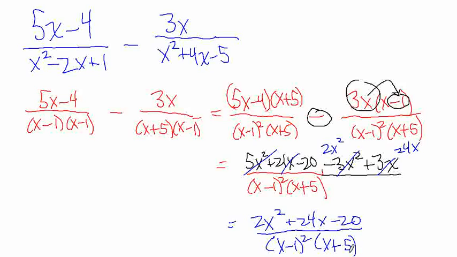Now you could try to factor the numerator and see if any of the factors end up canceling with something in the denominator. It won't, but you want to be open to that possibility. In this case, that's as much as we could simplify it. So that is the final answer.